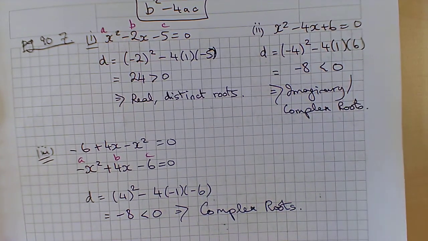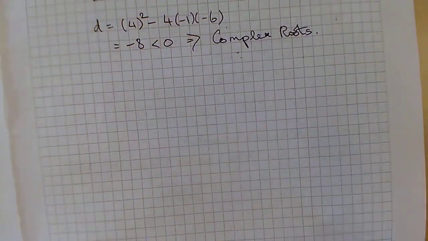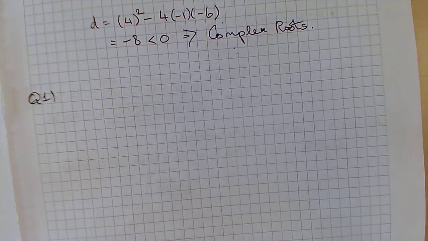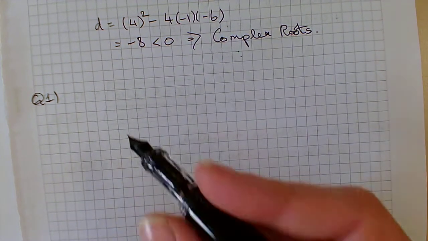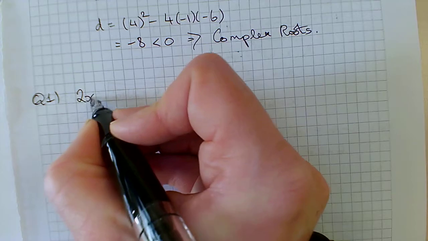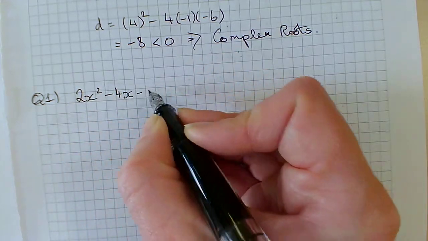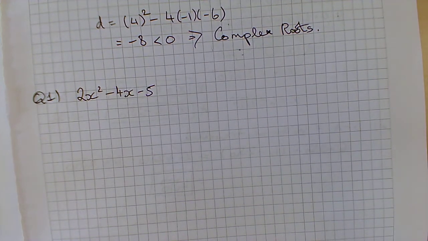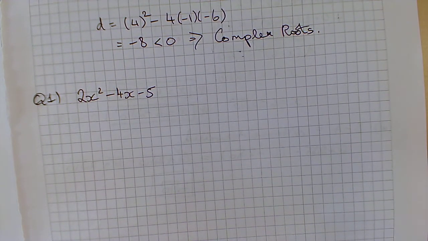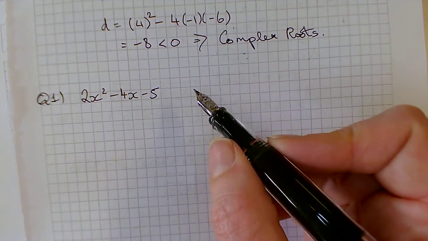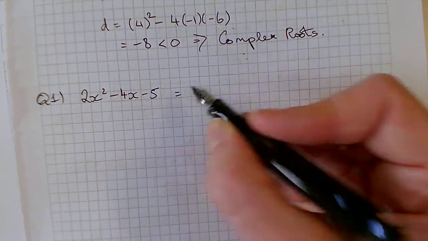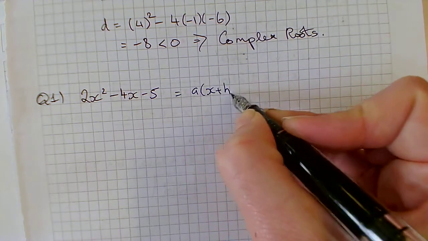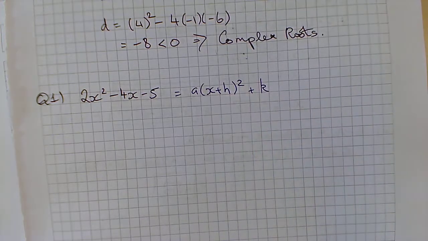Okay, so that was using discriminants. And question 1 in the revision exercises on the same page asked us to express this in completed square format. Now, it's going to be no surprise to you that I am going to ask you in the assessment on Friday to write some quadratics in completed square format. So I want this written in the form a times x plus h all squared plus k.